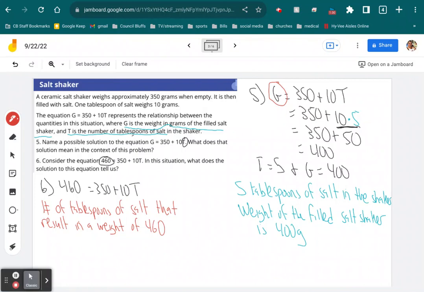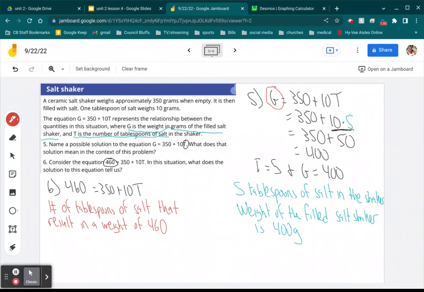So on your cool down for this lesson, you're going to be asked to do something very similar to this salt shaker example. You're going to have to find one possible solution to the equation. And remember, all I did was pick a number. I happened to pick 5, and I plugged it in, and I got G equals 400.